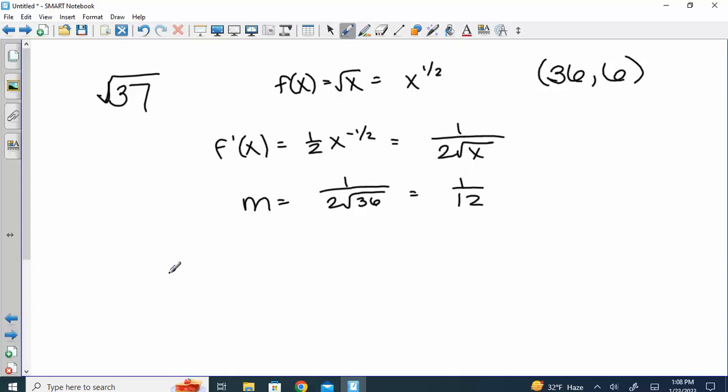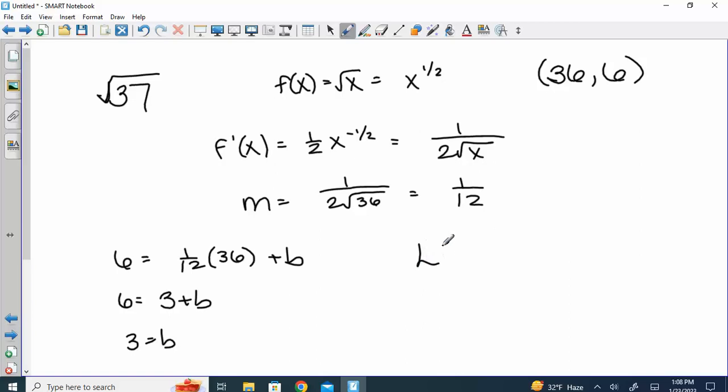So now I have a point and a slope, plug into y equals mx plus b. And I get a y-intercept of 3.